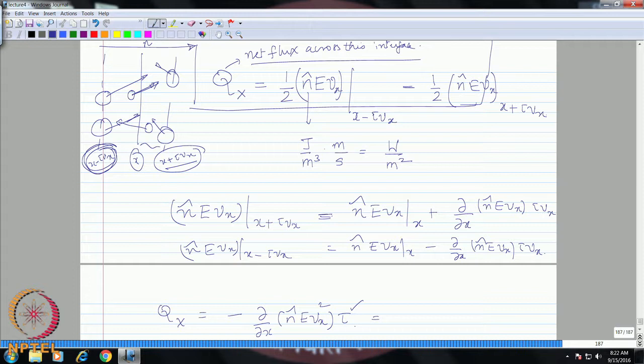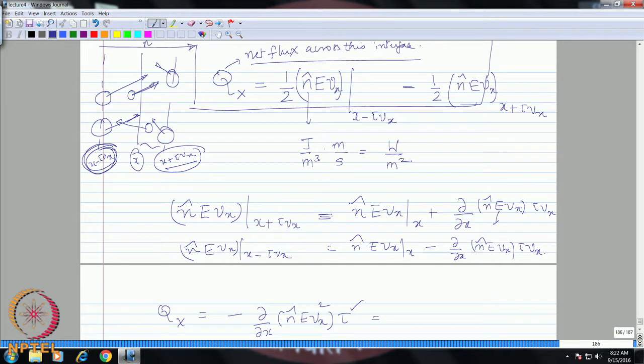So, we have tau Vx here, and now we have to make a small approximation for the sake of simplification. We have to assume that although this energy is your internal energy, that is your translational energy, which is related to velocity, and that is a function of space.